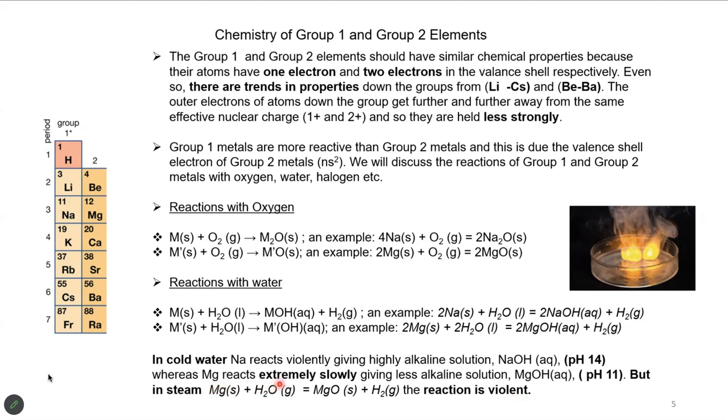Well, magnesium reacts, I would say, in cold water even; sodium violently reacts, but magnesium reacts extremely slowly. And it's an alkaline solution having a lower pH than that of sodium hydroxide. But in steam, if we heat magnesium in steam, we don't get magnesium hydroxide. We get magnesium oxide and hydrogen gas. This reaction is also violent.